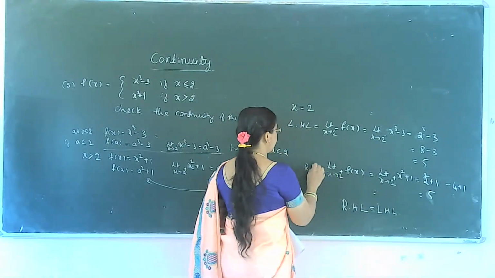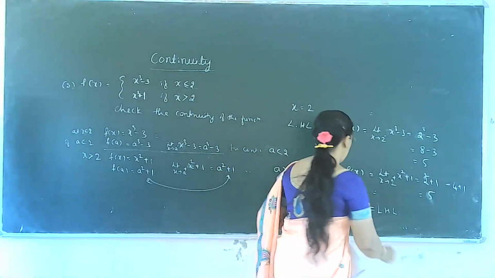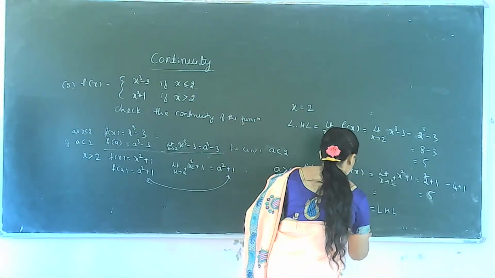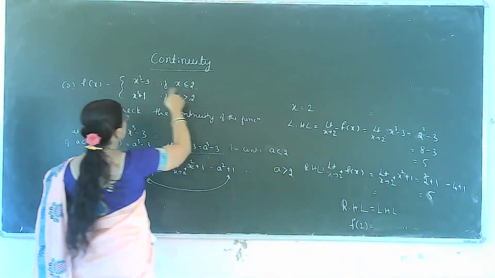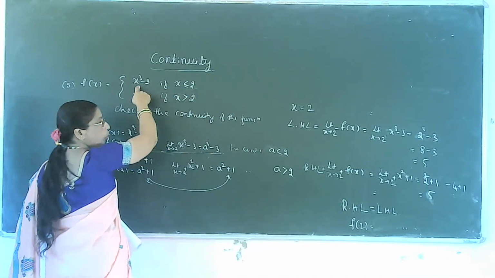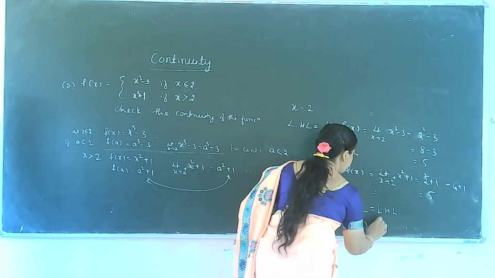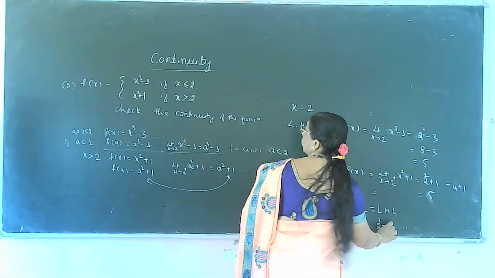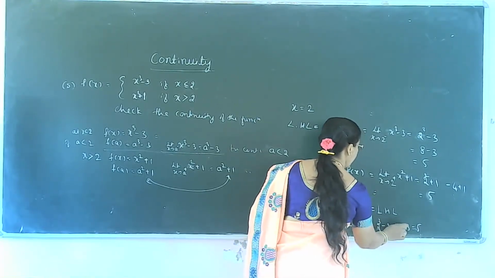Here LHL and RHL are equal, and f of 2 is also equal. To check f of 2, it is defined for less than or equal to 2, therefore we put the value here only. Therefore 2 cube minus 3, which is equal to 8 minus 3, is also 5.